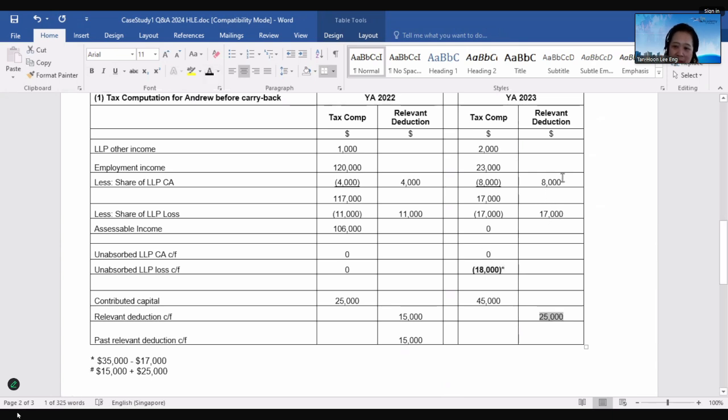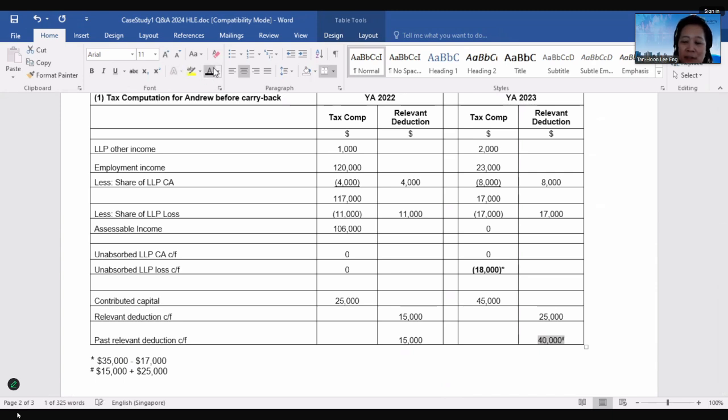How much have you so far? What's the total relevant deduction? Total 45,000, 45 is the contributed capital. Minus 40, is it? 40. You know how to get 40? It's 25 plus 15. Yes, that's right.